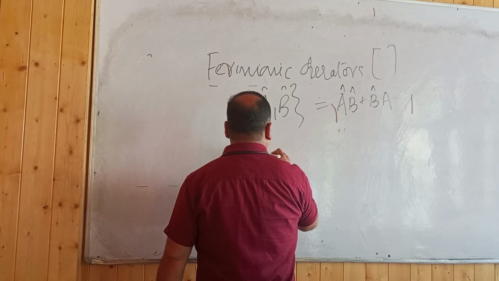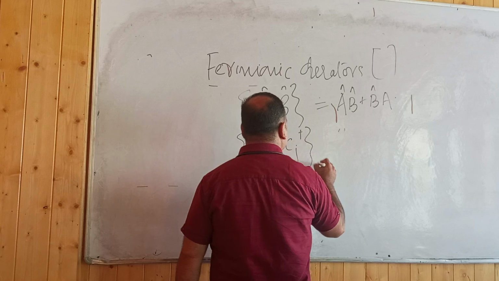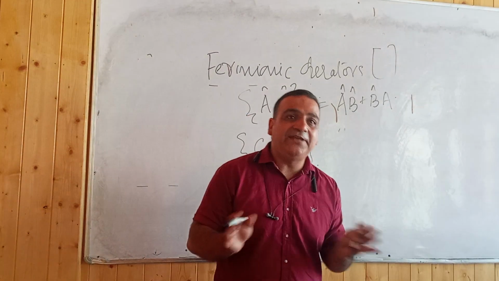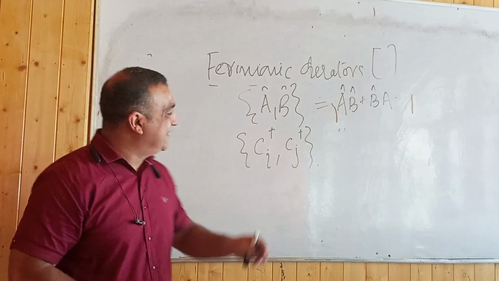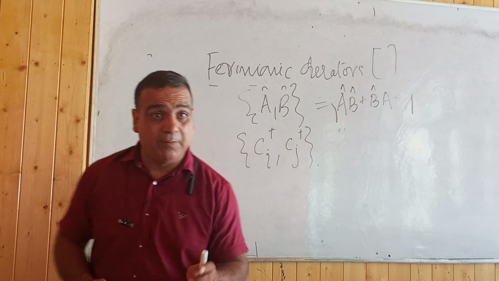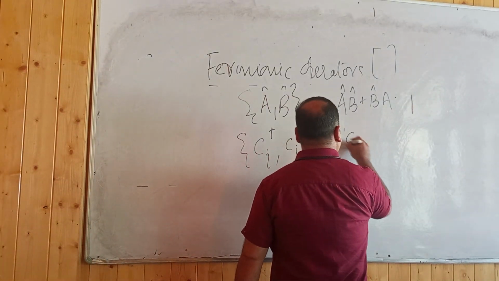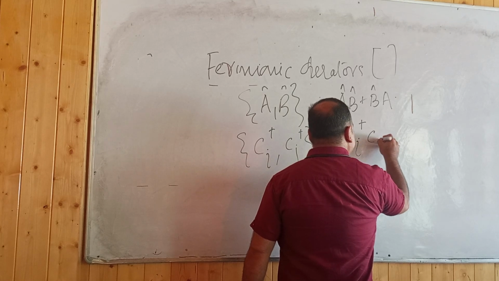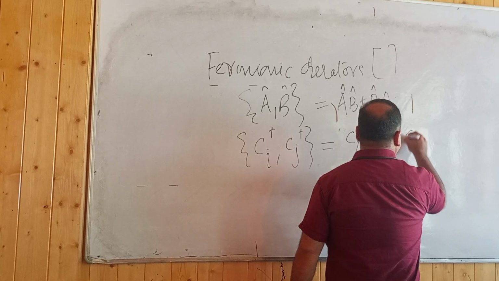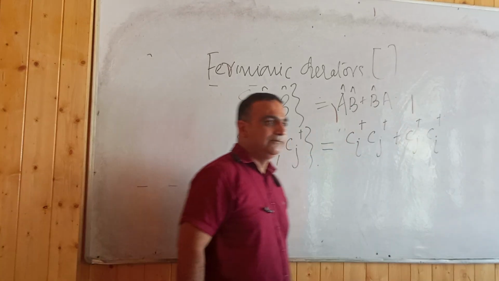What are they? Ci dagger and Cj dagger. And I want to obtain the anti-commutation relation between Ci dagger and Cj dagger. Both of them are creation operators. So, what will be their anti-commutation? That will be Ci dagger Cj dagger plus Cj dagger Ci dagger.